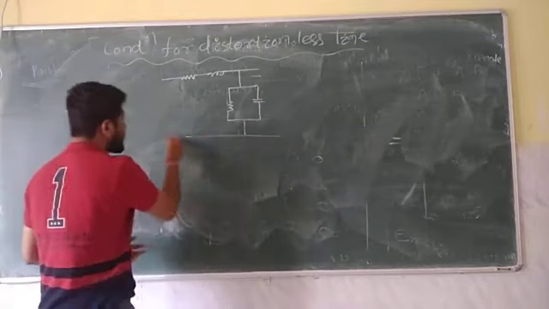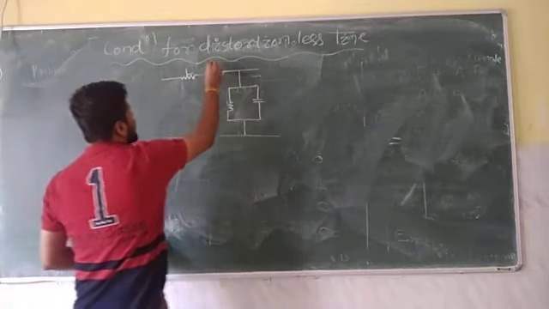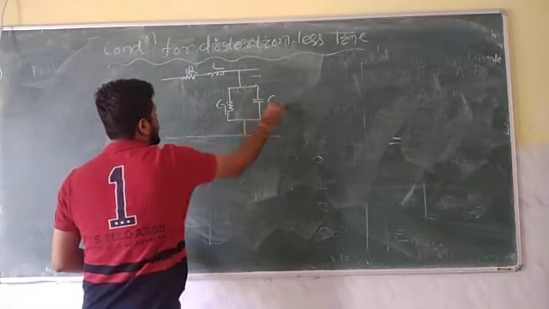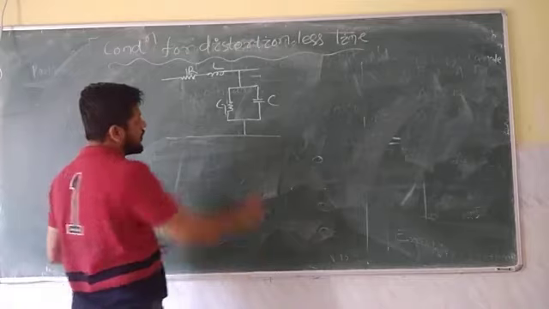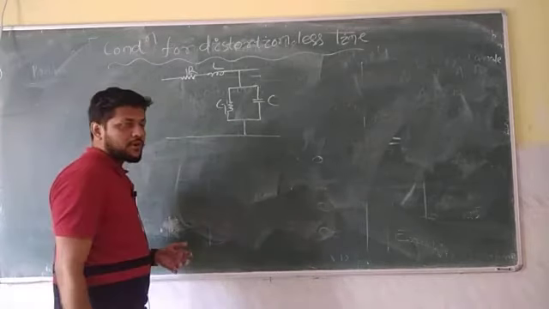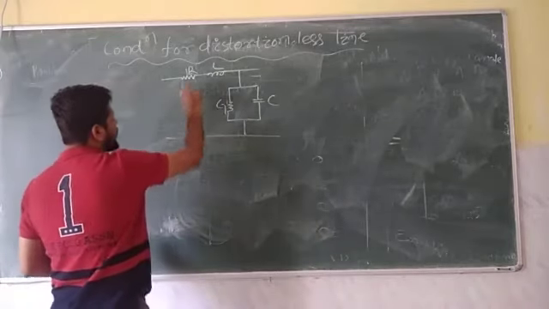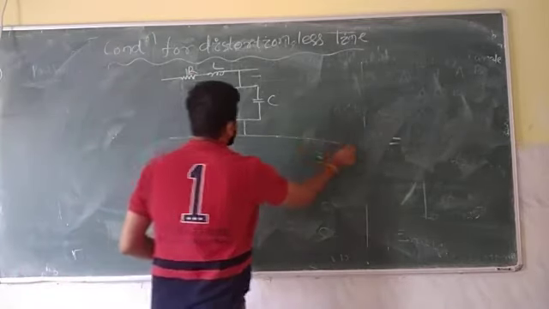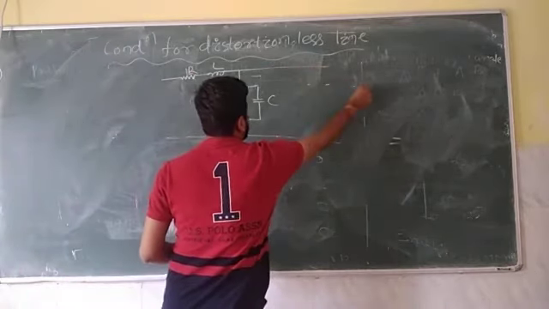This is the equivalent circuit for the transmission line: R, L, G and C. G is conductance per unit length, C is capacitance per unit length, L is inductance per unit length, and R is resistance per unit length.